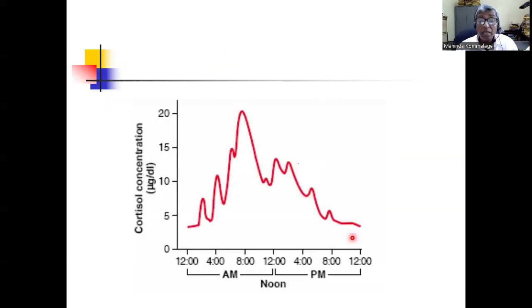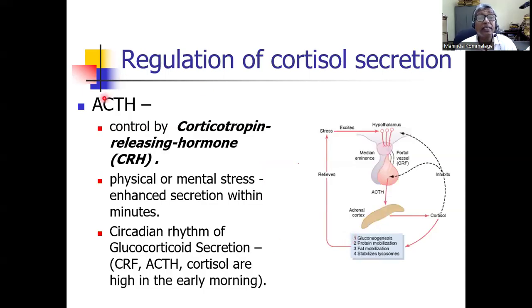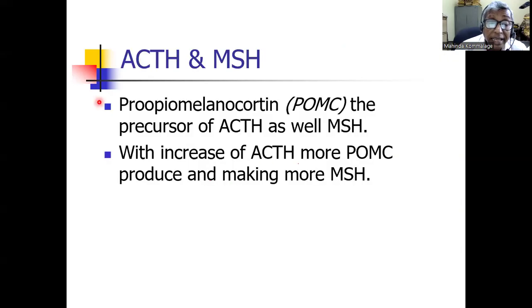I mentioned this ACTH, right? It's a pituitary hormone, important to regulate the cortisol from the adrenal cortex. But this ACTH has another structurally similar substance, that is MSH. MSH is called melanocyte stimulating hormone.